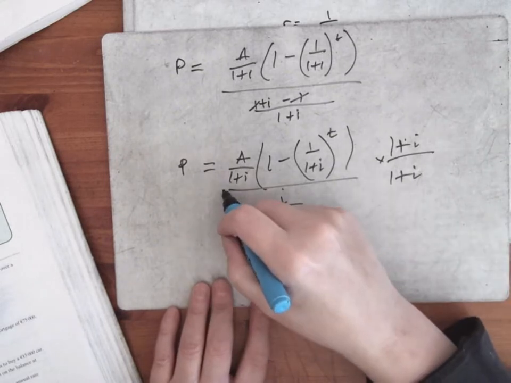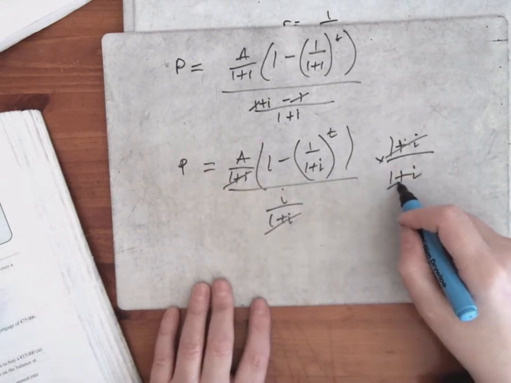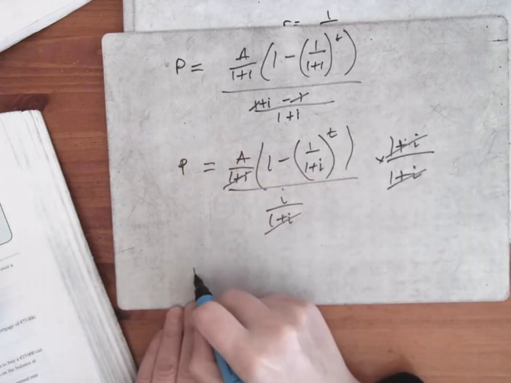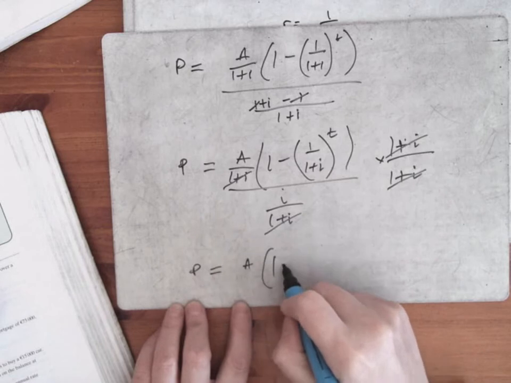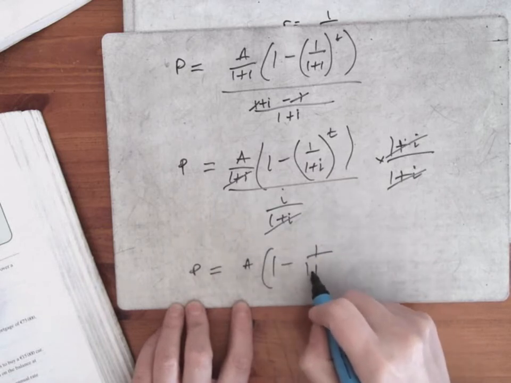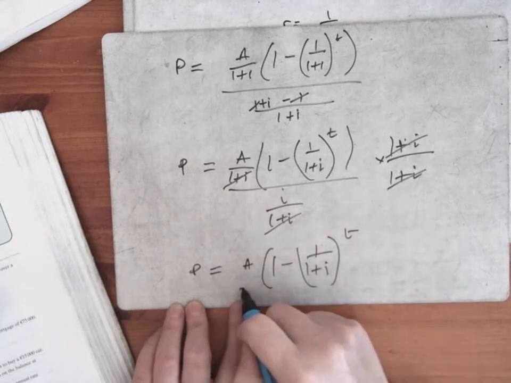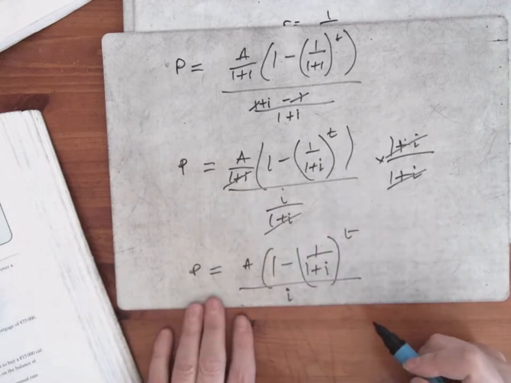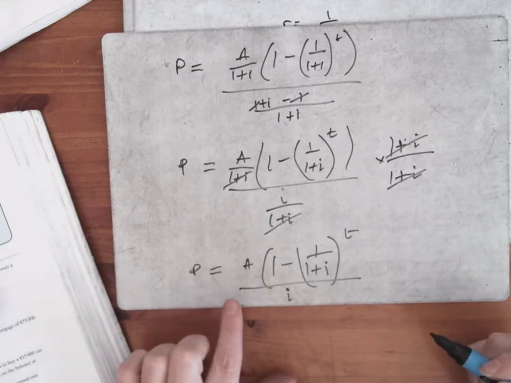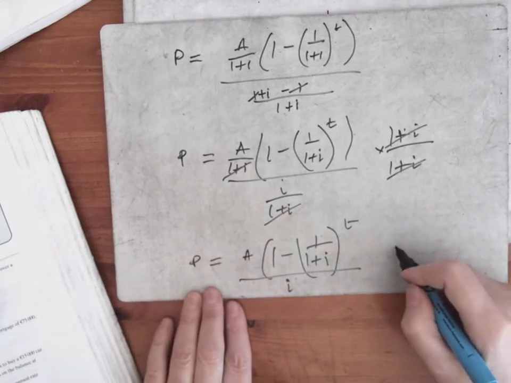The 1 plus I here cancels with this 1 plus I, and this 1 plus I cancels with this 1 plus I, and you're left with P is equal to A times 1 minus 1 all over 1 plus I to the power of T, all over I. Now I want to rearrange it so I have A equals, so I'm going to cross multiply.